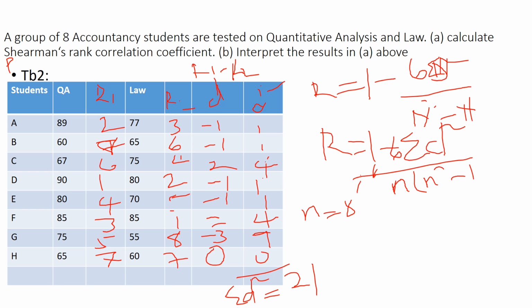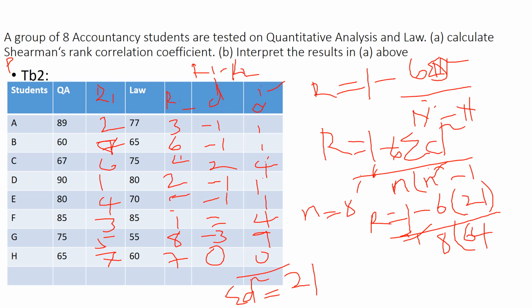So our R is equal to 1 minus 6 multiplied by our summation of d squared, which is 21, divided by n, which is 8, times n squared, which is 64, minus 1.